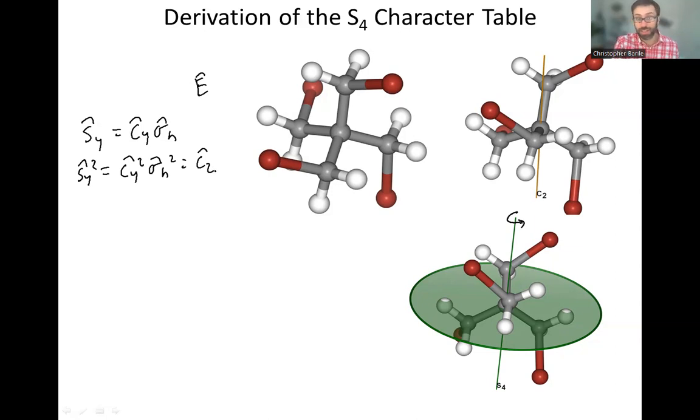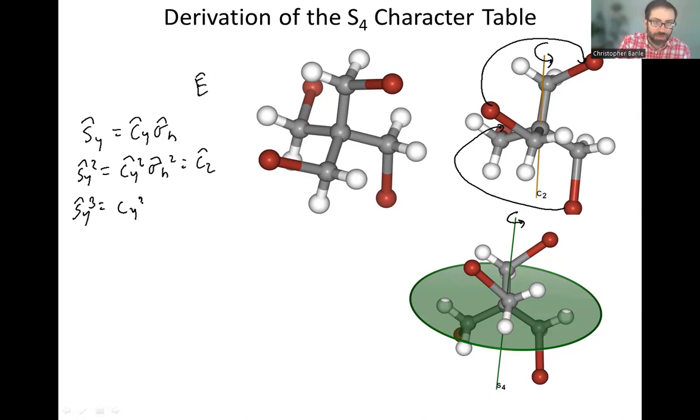So we should have a C2 operation in this molecule, which is a 180-degree rotation. And indeed we do, you can see it here. It's in the same axis, coincident with S4. And see, it takes this bromine, spins it over there. It takes this bromine, spins it back to that bromine. Okay, it's 180 degrees. And then we can see about doing an S4 three times.